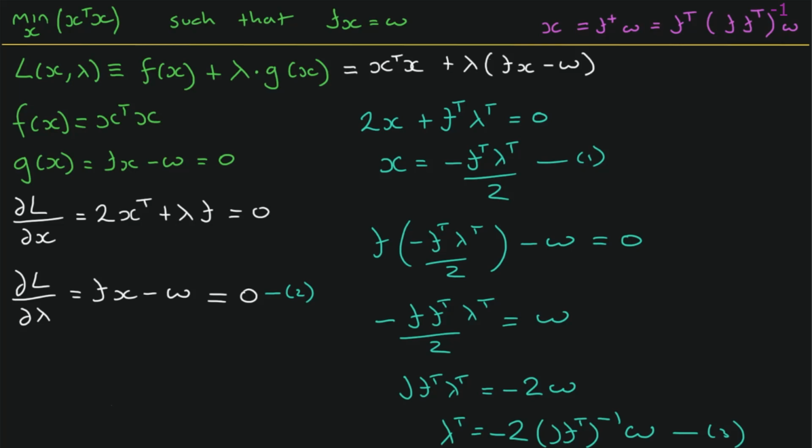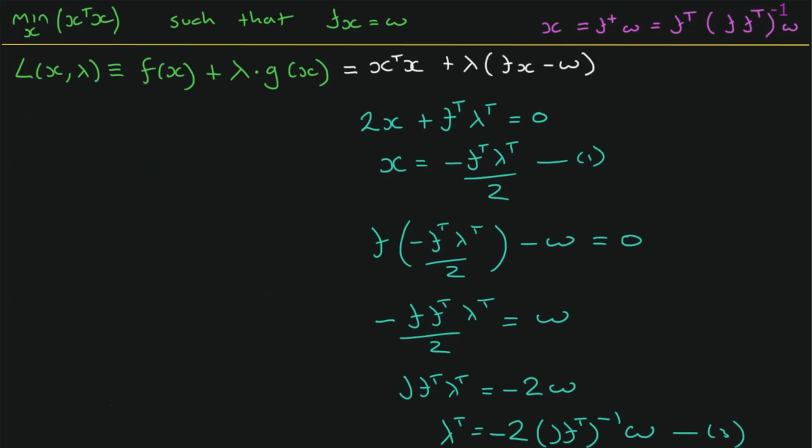And now that we have a value for our Lagrange multiplier, we can substitute that back into equation 1, and we can rearrange for x. Now, we don't technically need this stuff on the left anymore, so I'm just going to erase that to give us some room.